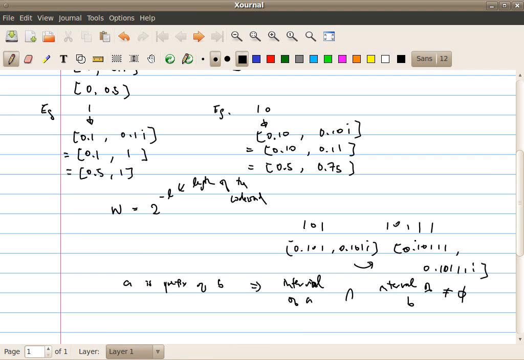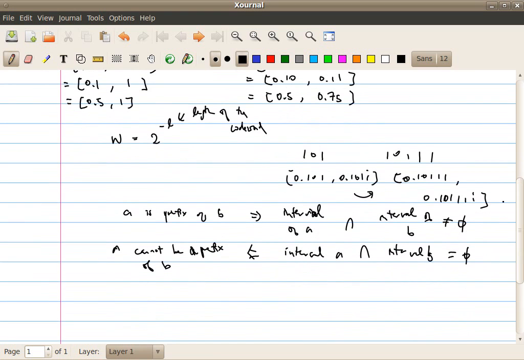So what does that imply? The negation of this statement should imply the negation of the other statement. Therefore, if interval A does not intersect with interval B, so the intersection is an empty set, then A cannot be a prefix of B. By the same argument, B cannot be a prefix of A as well.